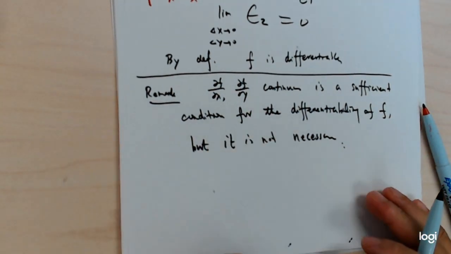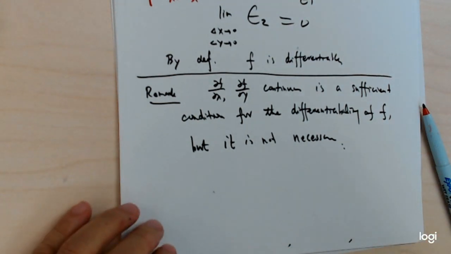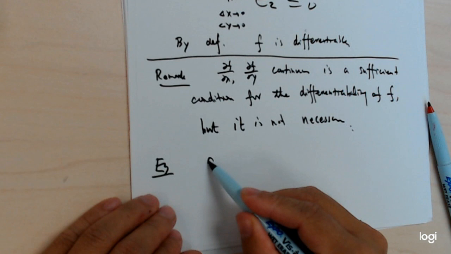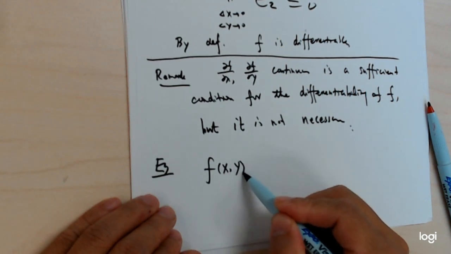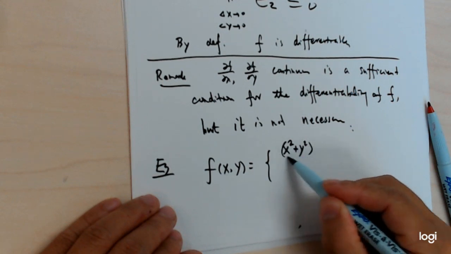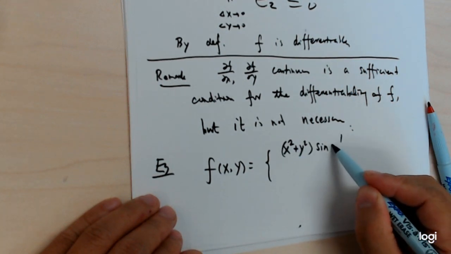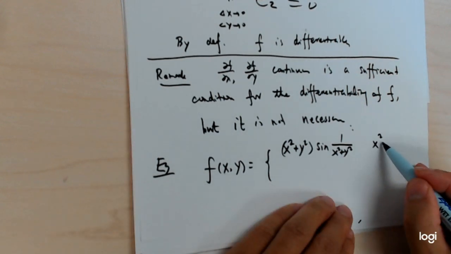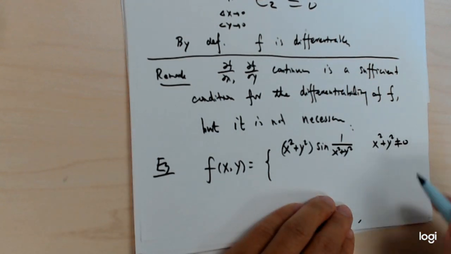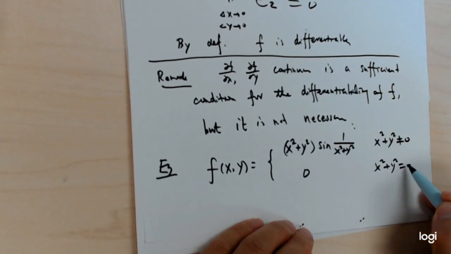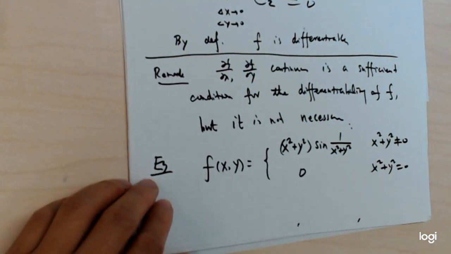To illustrate what we're saying here, I will show you a tricky example. Let's look at this two variable function here, defined away from 0 and at the origin.